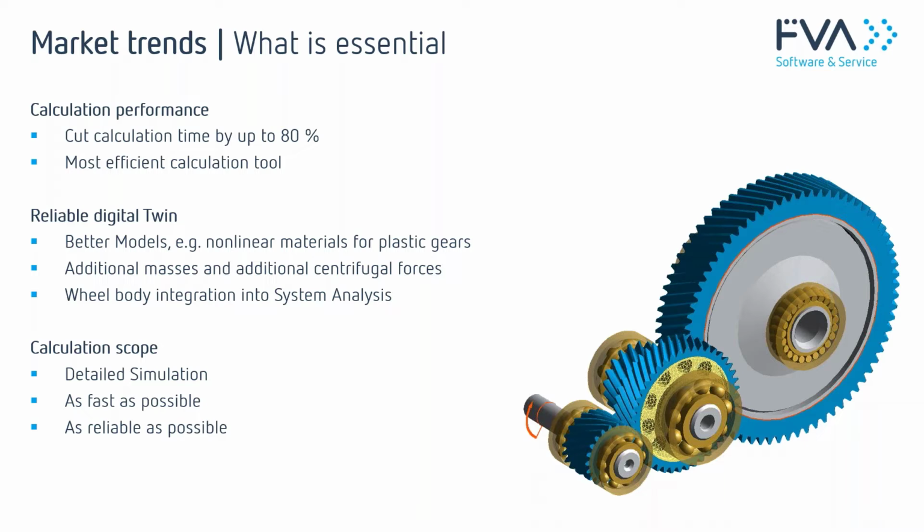And in the last years, the digital twin has come into focus, so we are working very strongly on this. We have now implemented calculation for nonlinear materials, for plastic gears. We have added some more detailed calculations, for example, taking into account the centrifugal forces in planetary gear stages.